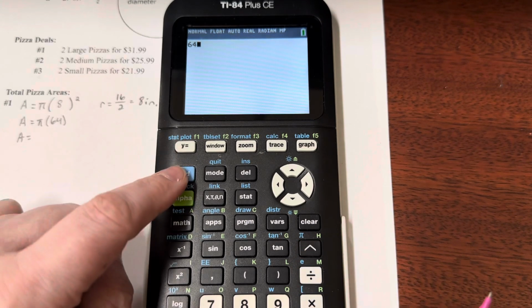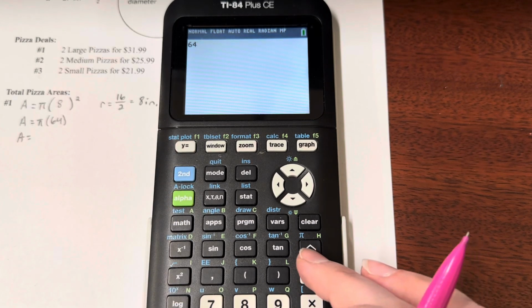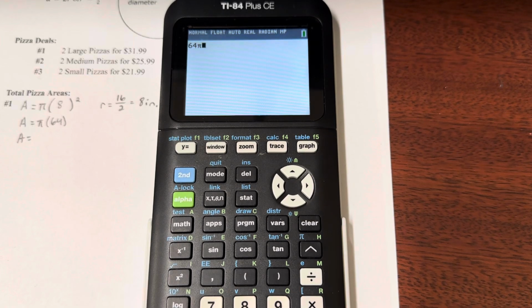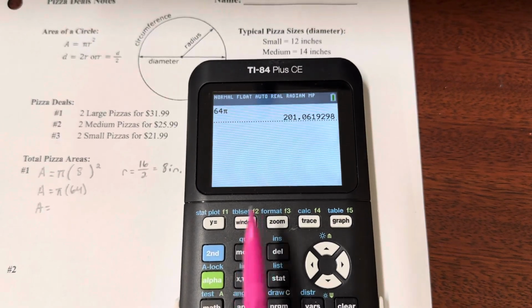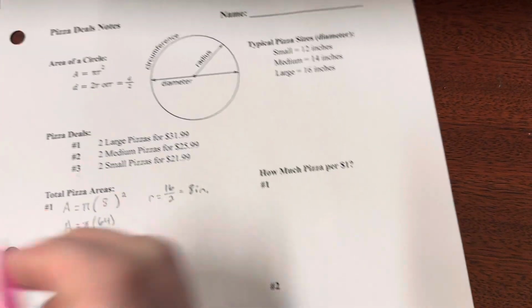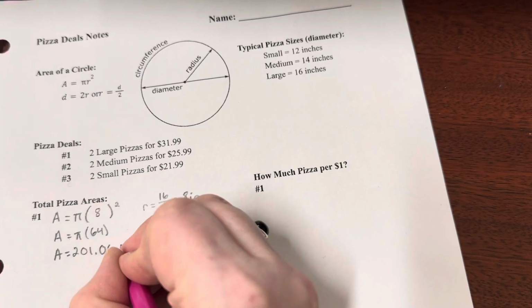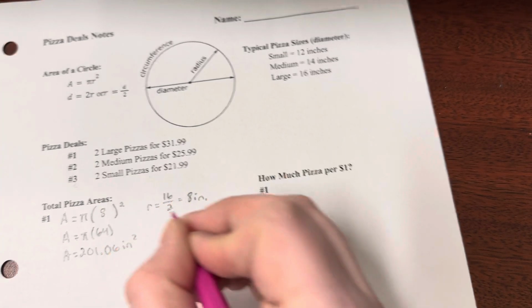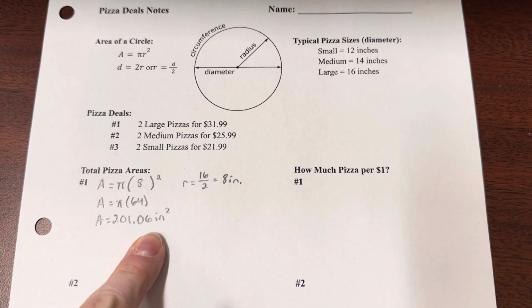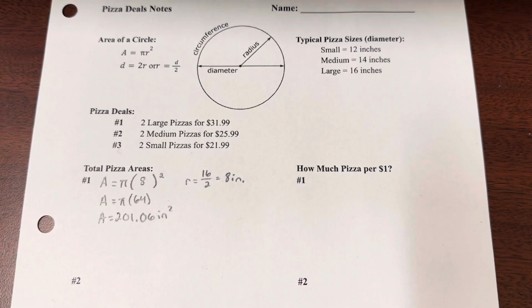It's written in blue, so I'm going to have to hit second and then my exponent button in order to get pi. When I hit enter, I have about 201.06 inches squared.